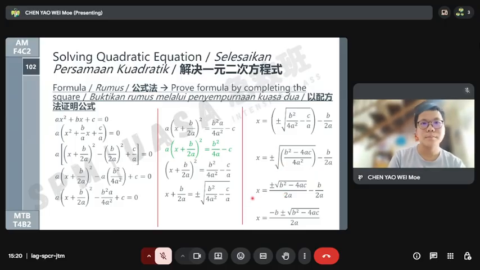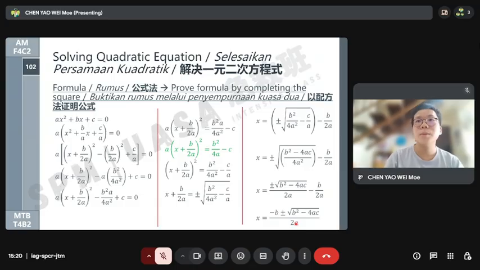So we see we have the same denominator, we can simplify it, and it becomes: minus b plus minus square root of b squared minus 4ac, divided by 2a. And this video will be separated, becoming one part of the proving of the formula.